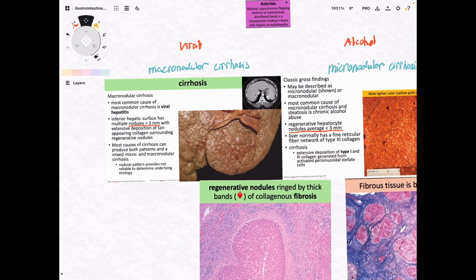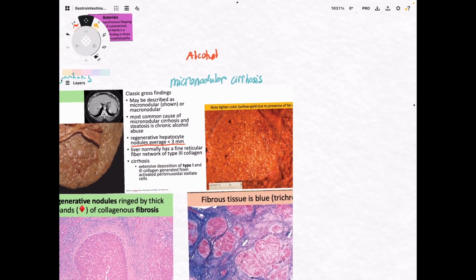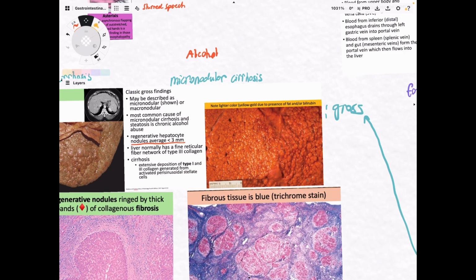In viral, you tend to have a more macronodular pattern, which is where the nodules are greater than 3 millimeters. Mainly all you need to know. And then for alcohol, just know that it's a micronodular cirrhosis, and those nodules are going to be less than 3 millimeters.